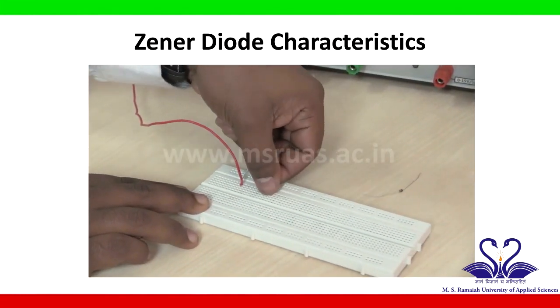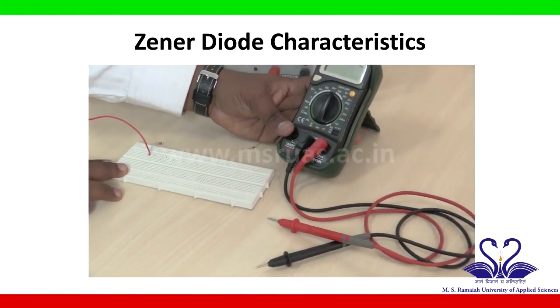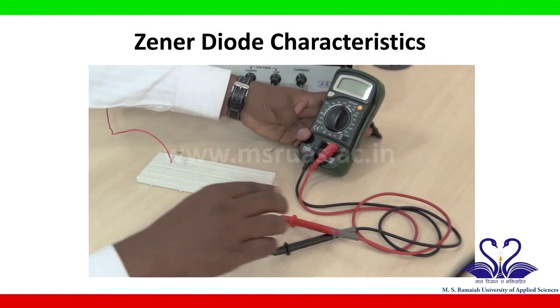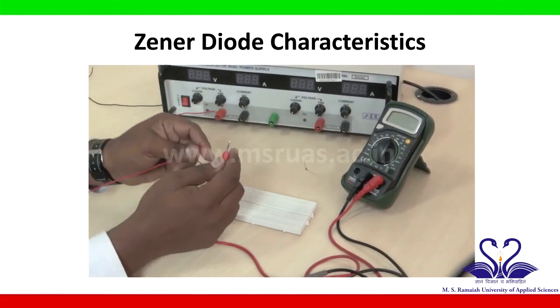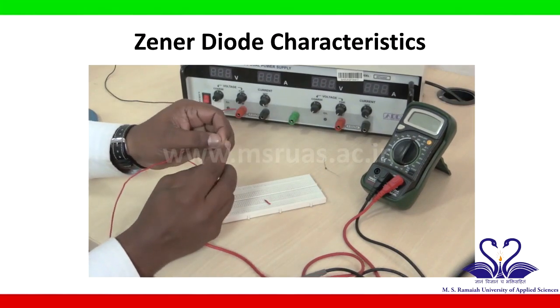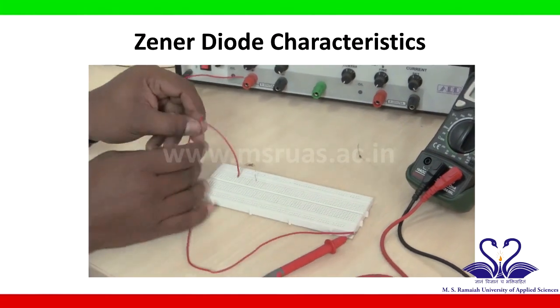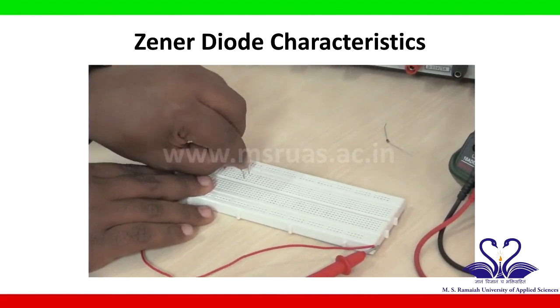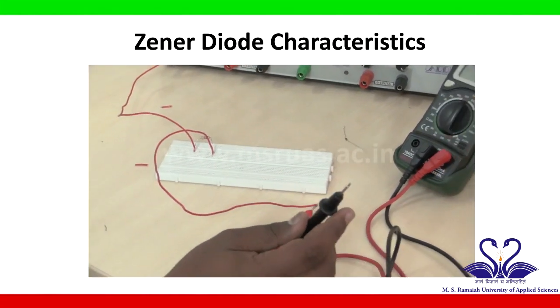The other end of the resistor is connected to the ammeter positive. This is a multimeter which I am using as an ammeter for this experiment. This is the positive terminal of the ammeter, which is connected to the resistor, and this is the negative terminal of the ammeter.